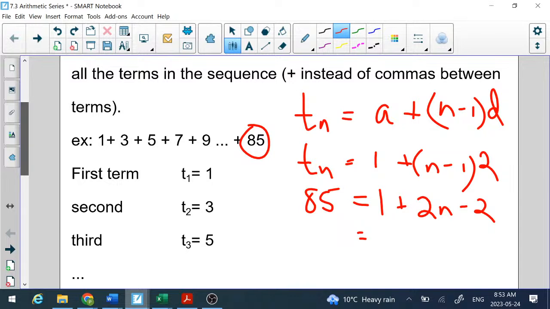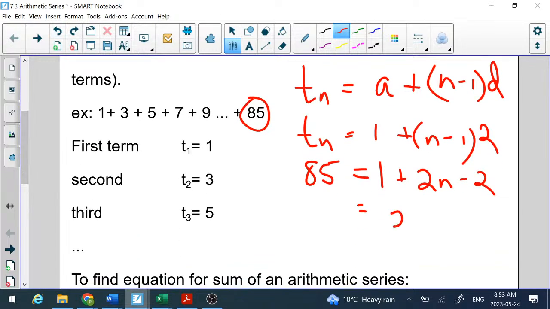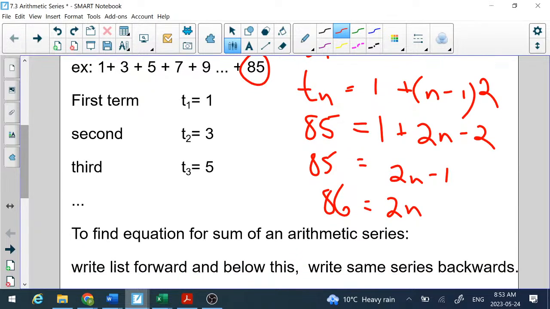So then you'd have 2n minus 1. Is that what you mean? And then what would you do? Add what to both sides? Good. 86 equals 2n. And then you get 43.